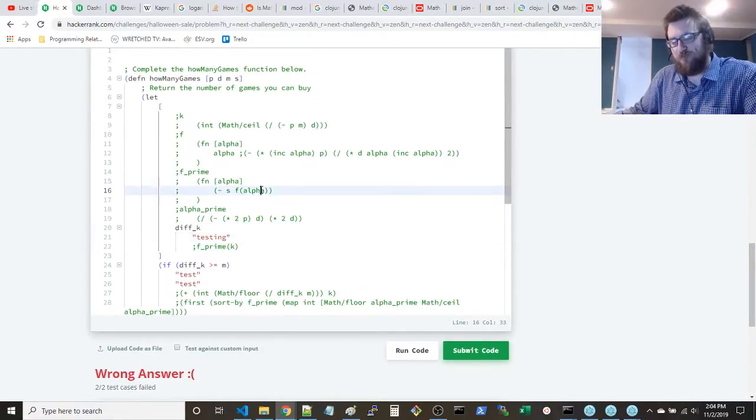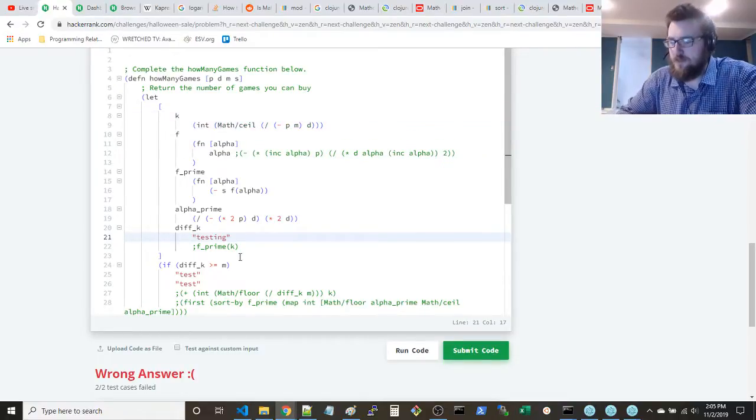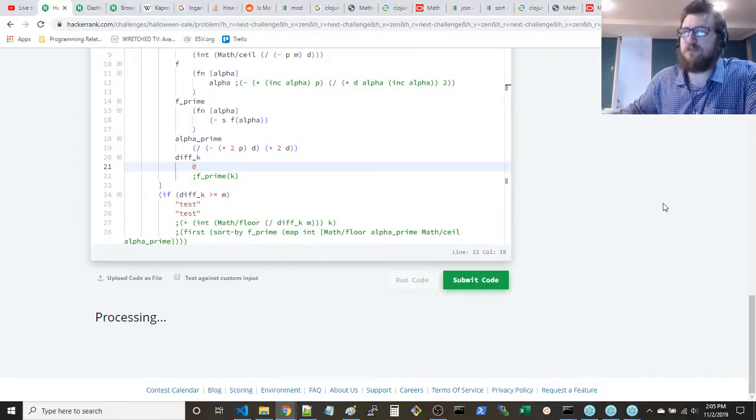I see what's wrong. You can't just put whatever you want here. I've run into this problem numerous times where I'm trying to compare these two, and that's why it's giving me a hard time. It's nothing to do with the other stuff.